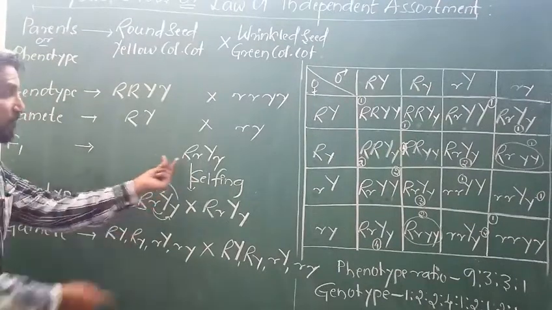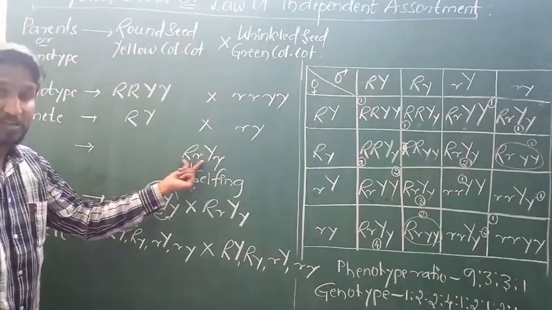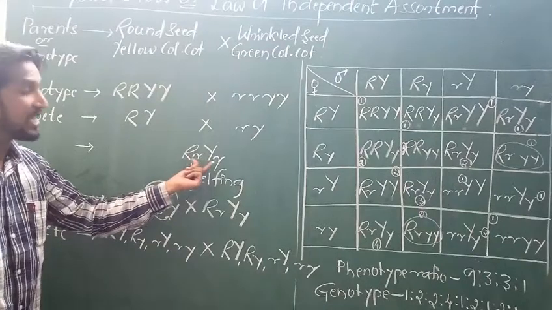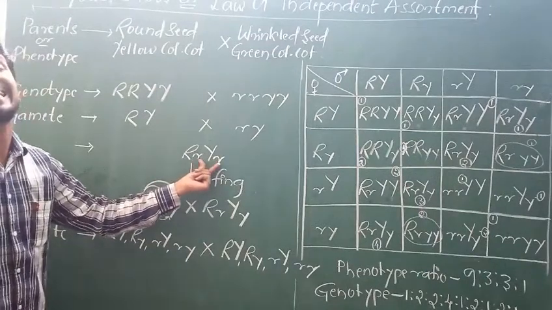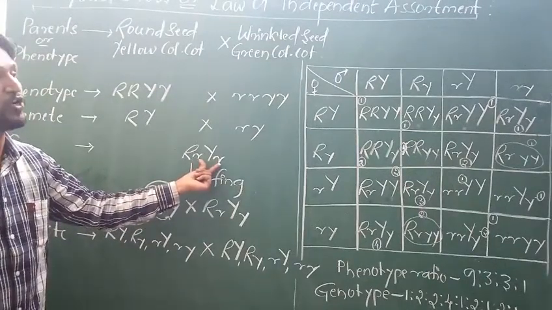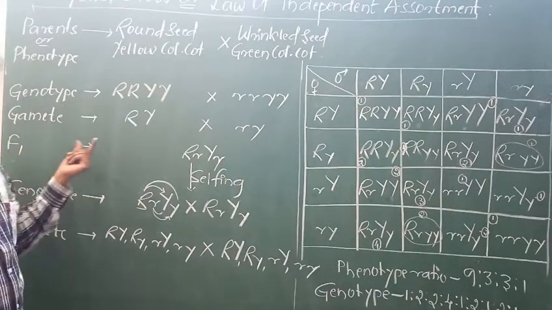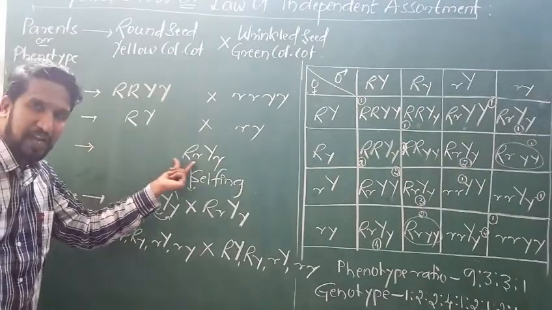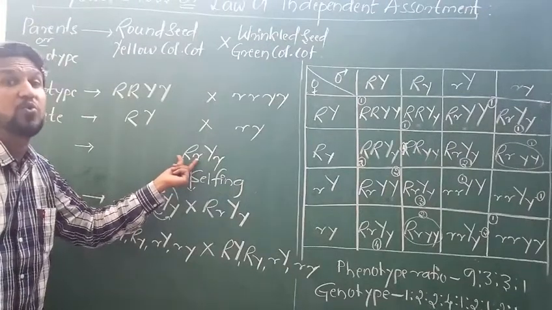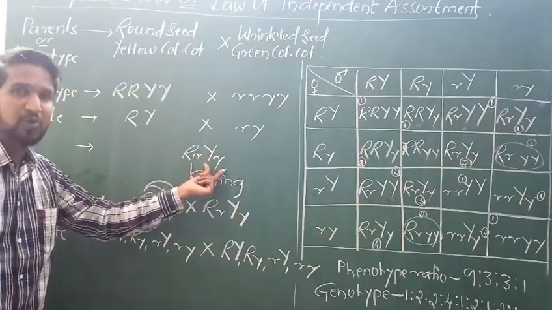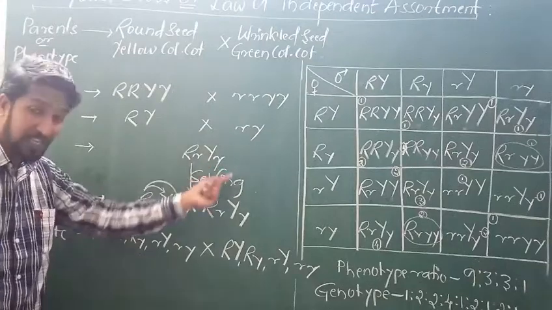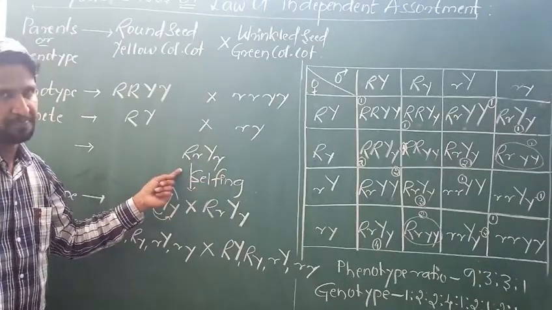In F1, all are round seed with yellow color cotyledon in heterozygous condition. This point is to be remembered. In the F1 generation, the organisms obtained have a round seed coat with yellow color cotyledon in heterozygous condition.